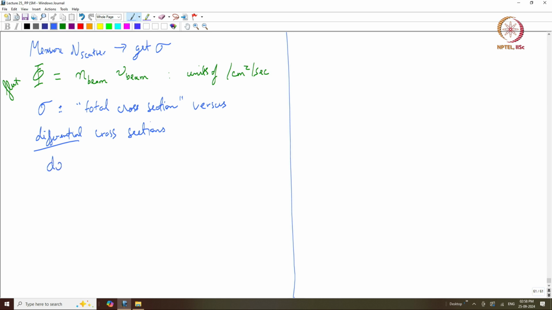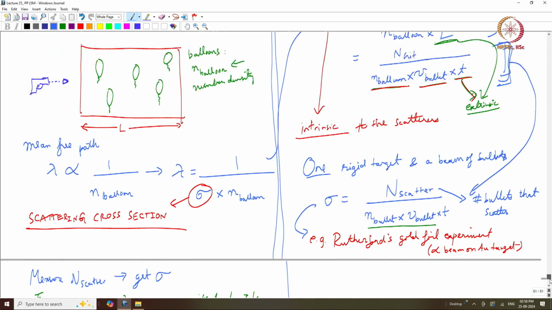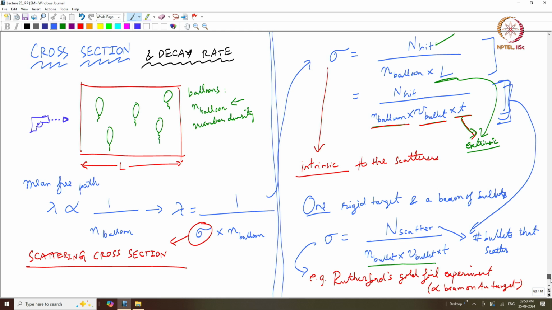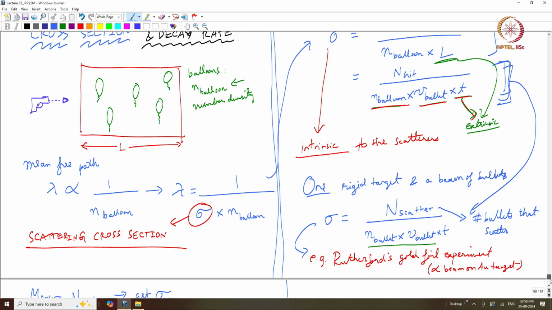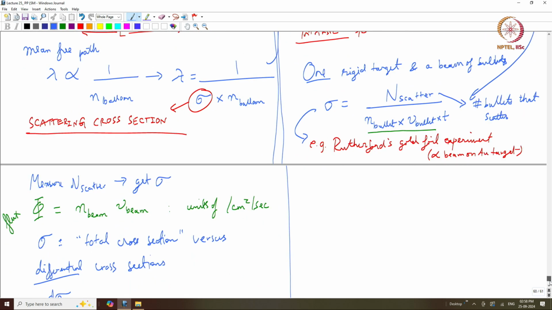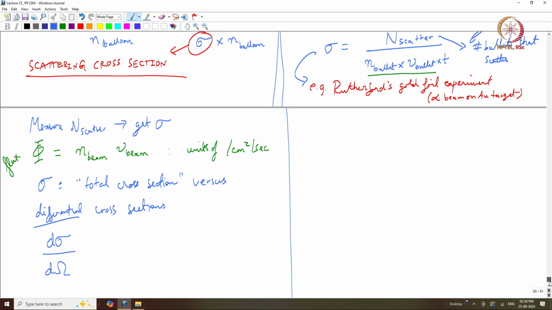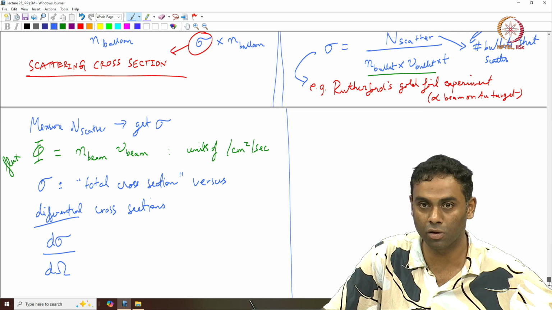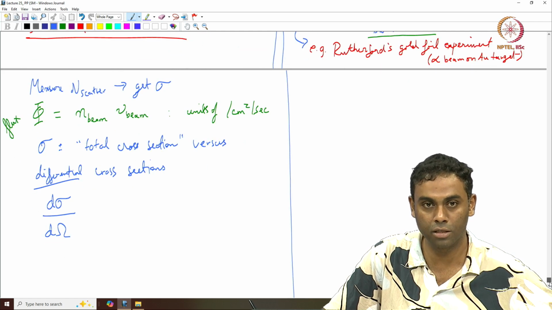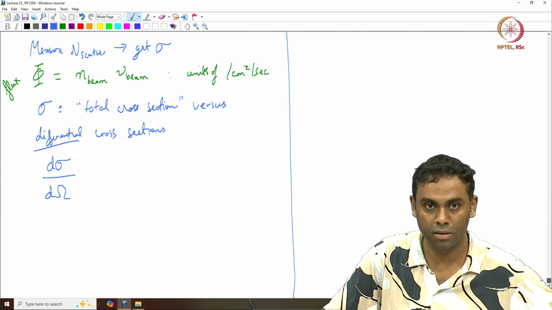I can think of the cross section along some solid angle. In this case, I'm firing bullets, right? Not all bullets are going to go in the same direction. They're going to get scattered in all different directions, right? But they need not scatter isotropically either, actually. All of that completely depends on the intrinsic properties of the system that you're studying. How the beam and the target interact is going to determine this also. Yes, but how will you measure this?